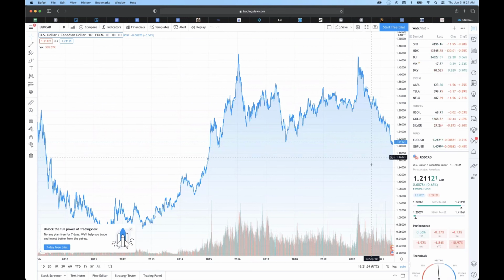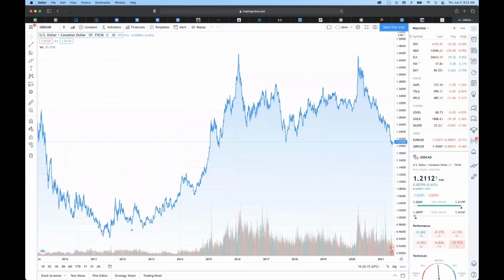Right now the US dollar has been massively weakening, and even though Canada is in full lockdown and spending tons of money, the value of their currency is continuing to increase against the US dollar.